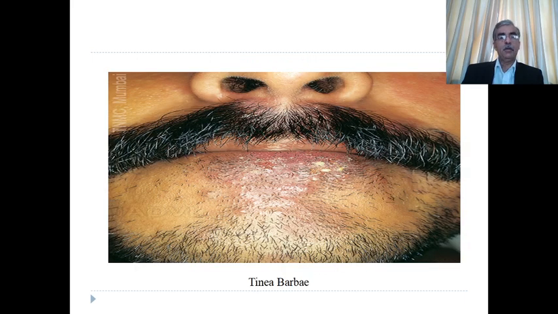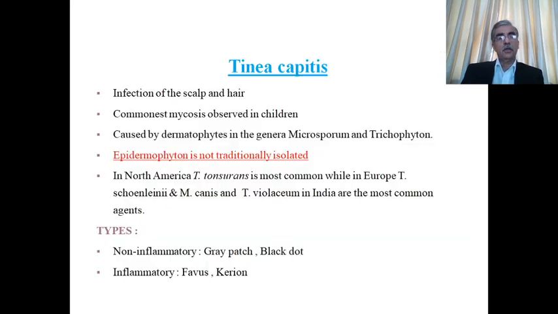This is tinea barbae. We can see follicular pustules, right? Inflammation is there, and these follicular pustules are sometimes wrongly treated with antibiotics, with no response. They have to be treated with antifungals, topical as well as oral, and then they get cured.